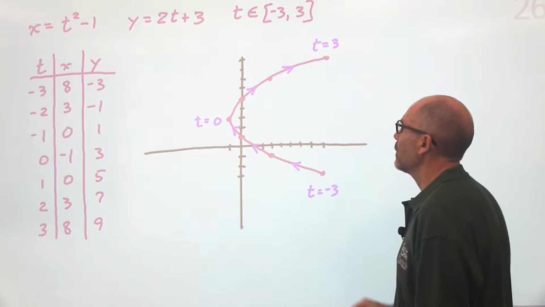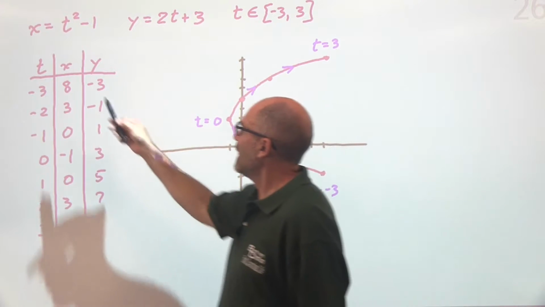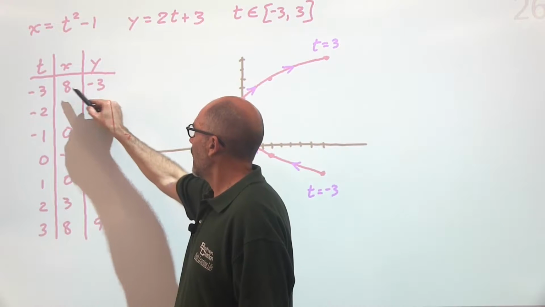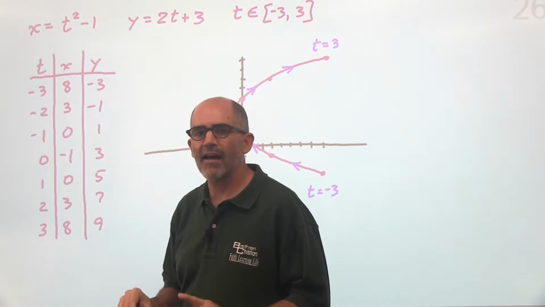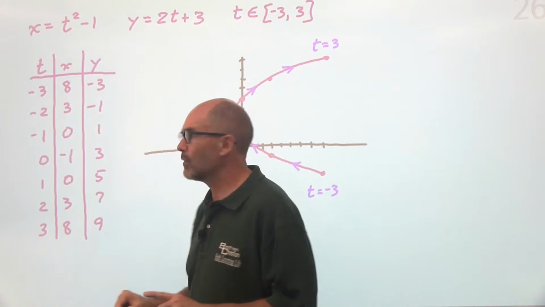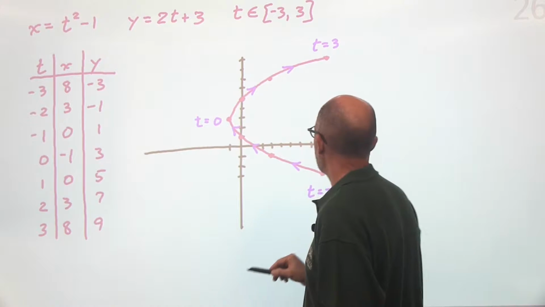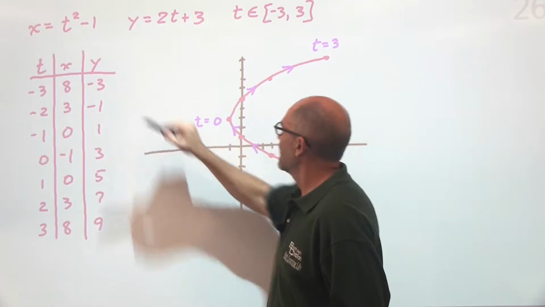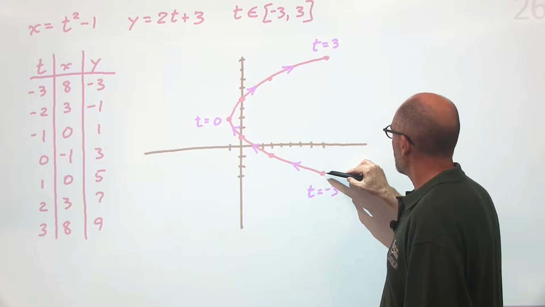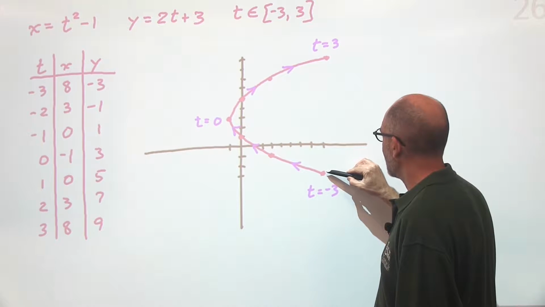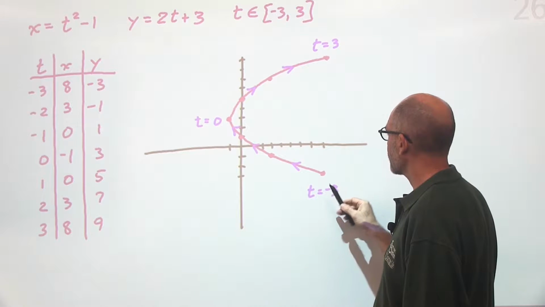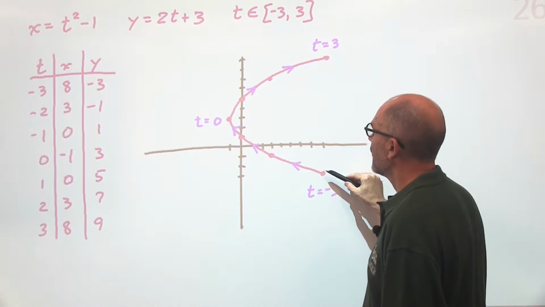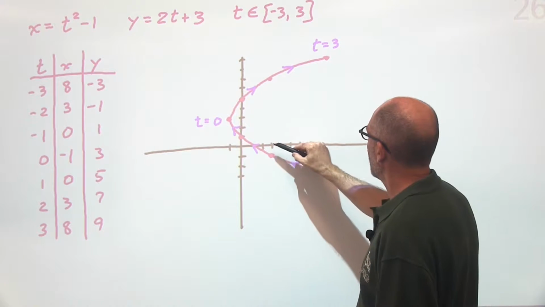So now, notice what I have. At any given t value, I have an x and a y value. So now I can graph those xy values. My first point is 8, -3. I plot the point 8, -3, and I mark it at t equals -3. Now the next point is 3, -1.